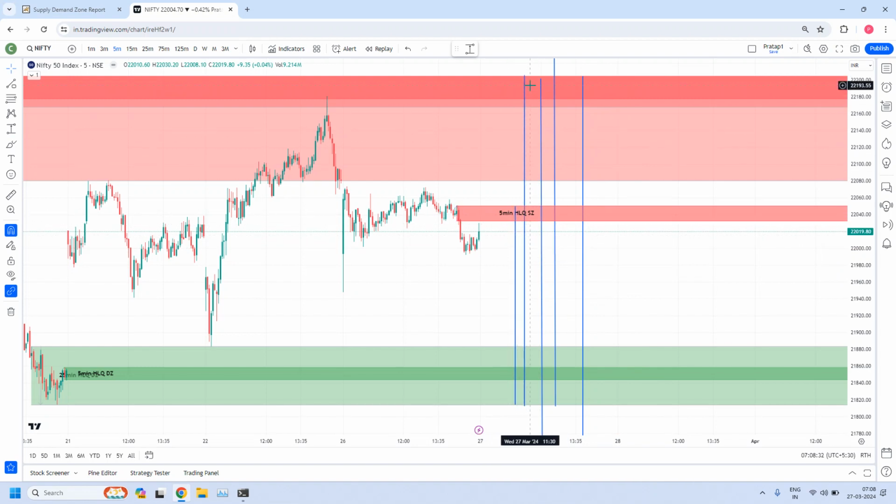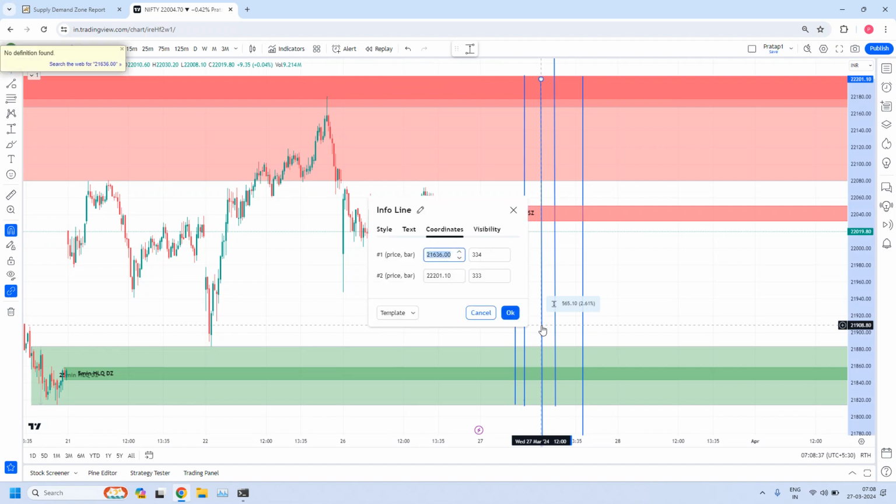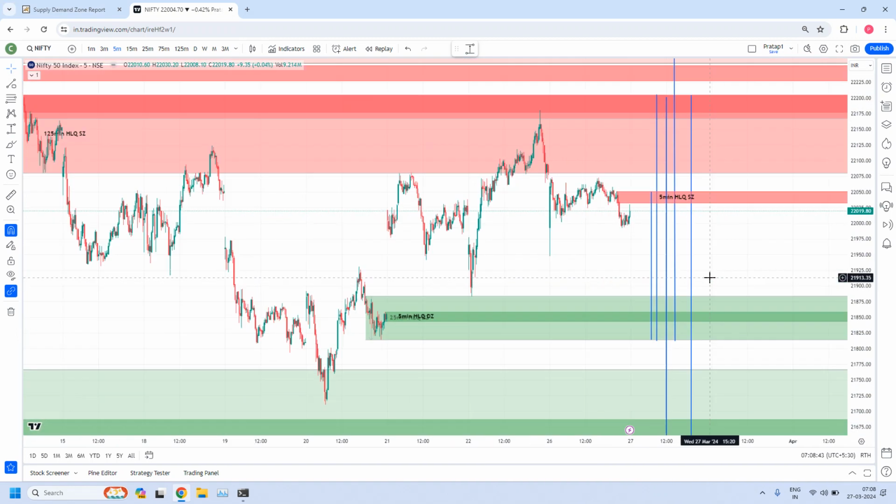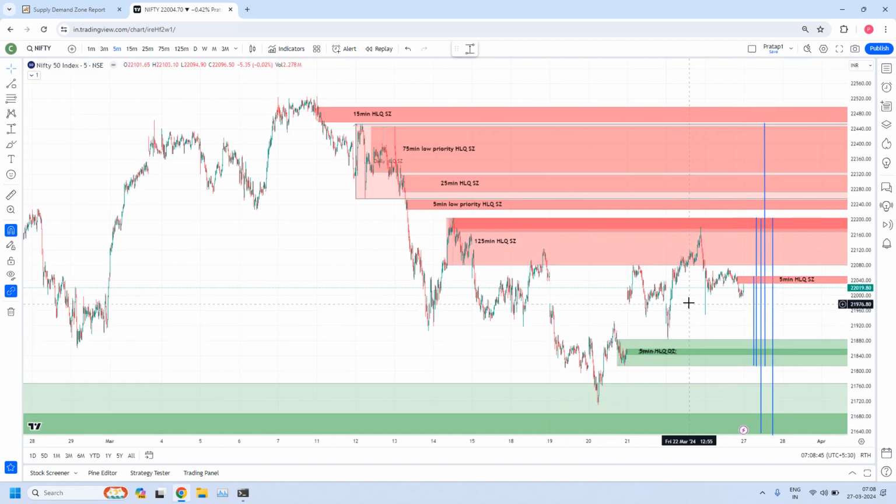If this is violated, this is the range. In case this is violated, this is going to be the new range. This is what you should understand.